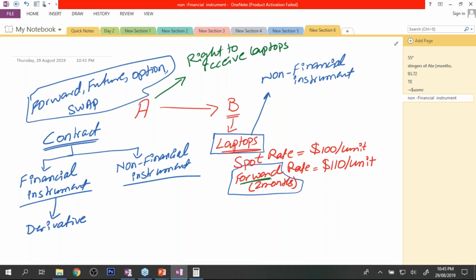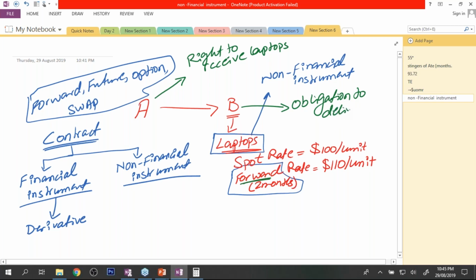So the right to receive the laptop is not a financial instrument. Similarly, B has an obligation to deliver the laptop. The right to receive cash is a financial asset. The obligation to deliver cash is a financial liability, but the right to receive a laptop or the obligation to deliver a laptop is not a financial asset or a financial liability. That is why we are saying that this contract is not a financial instrument.